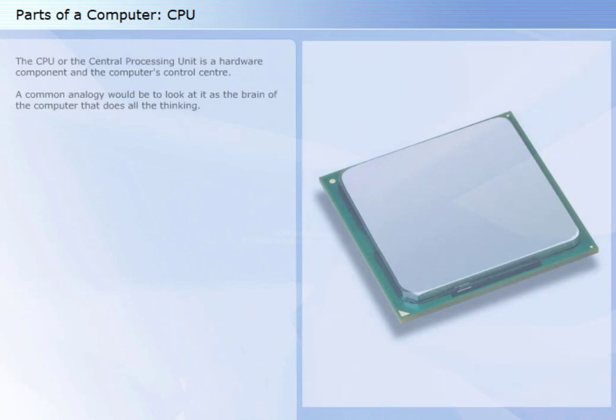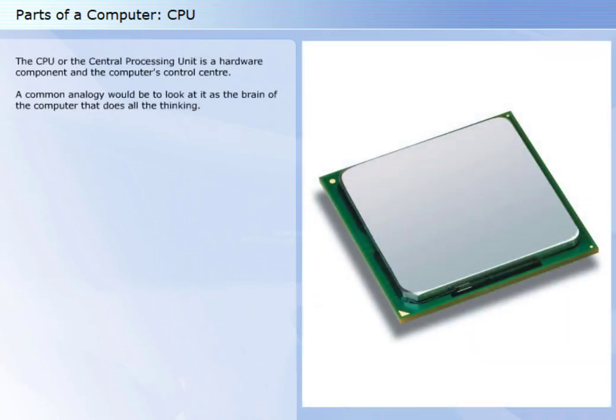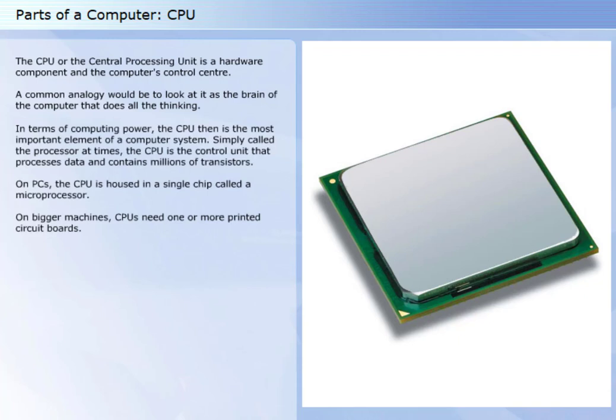The CPU, or the Central Processing Unit, is a hardware component and the computer's control center. A common analogy would be to look at it as the brain of the computer that does all the thinking. In terms of computing power, the CPU then is the most important element of a computer system.